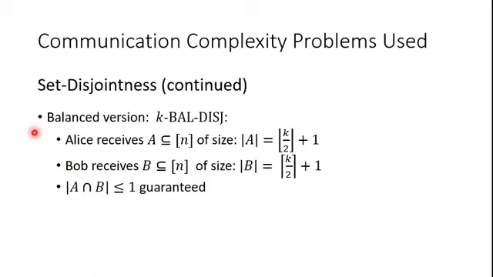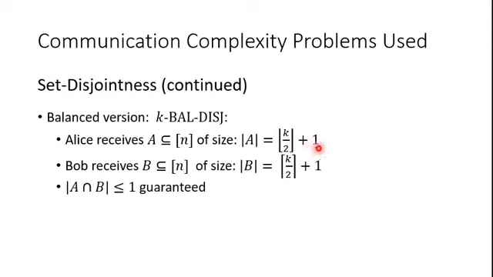And we will also be talking about a specific version of this problem, called the balanced version, k-balanced disjointness. We'll see this appearing later on. So this is the name that we will give this type of sub-problem. In this case, Alice receives a subset of 1 through n of a specific size, lower bound k over 2 plus 1.